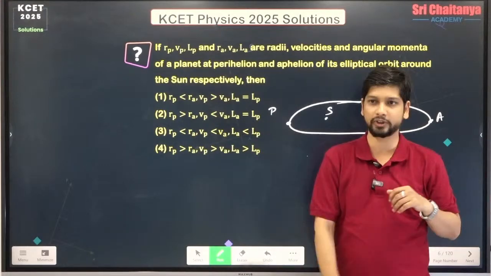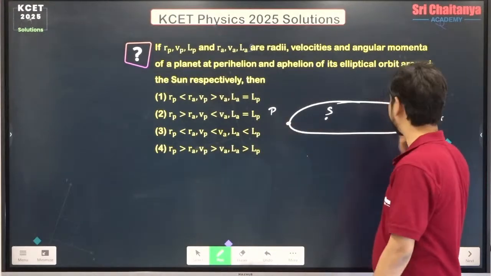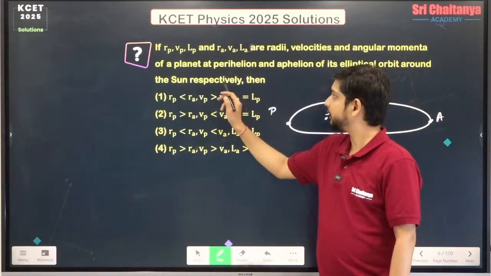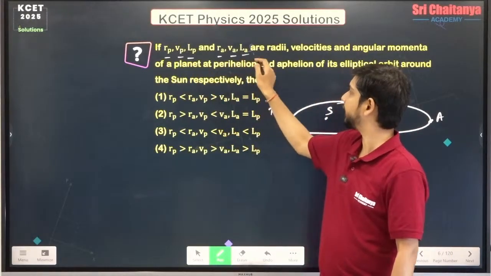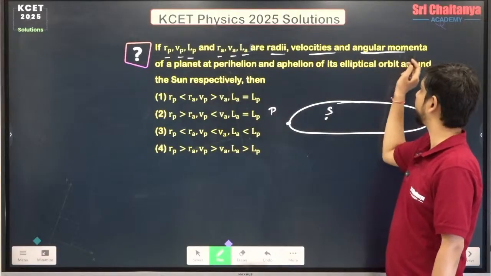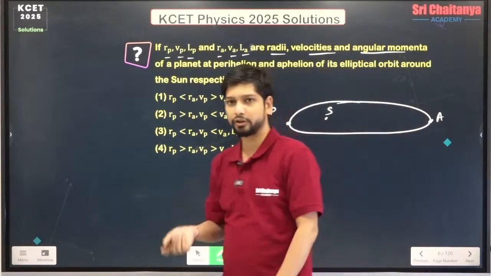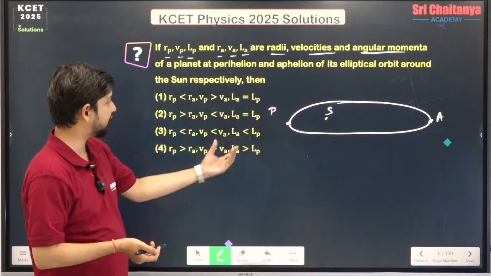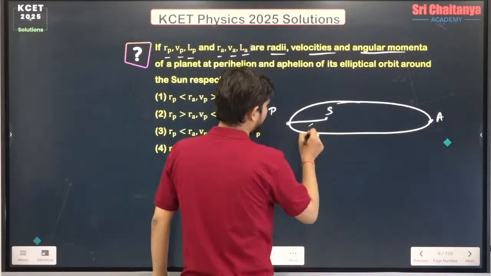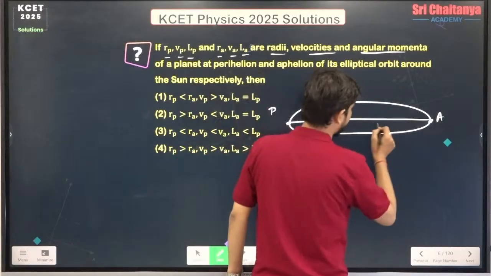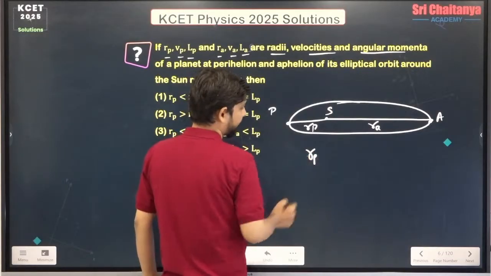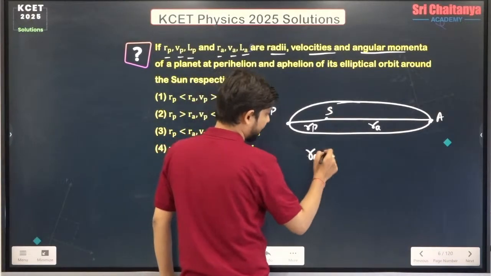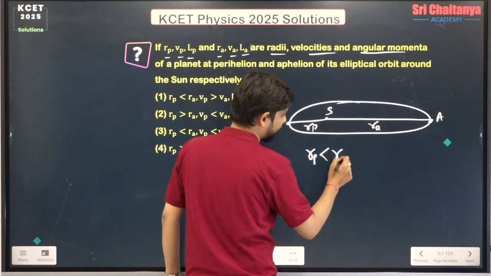It is given that RP, VP, LP, RA, VA, LA are the radii, velocities and angular momenta. Talking about the radii, the radius at perihelion is going to be lesser than the radius at aphelion.